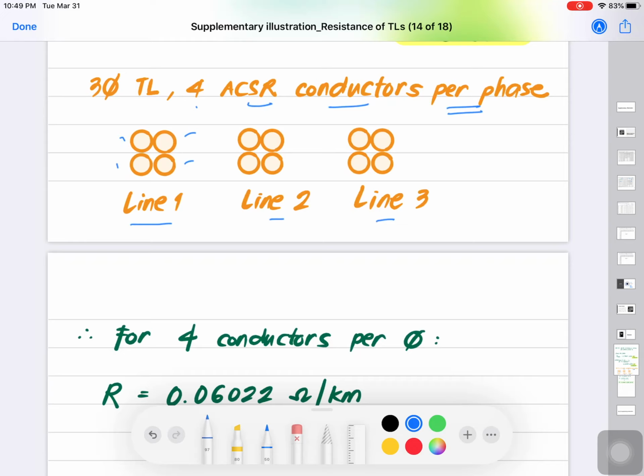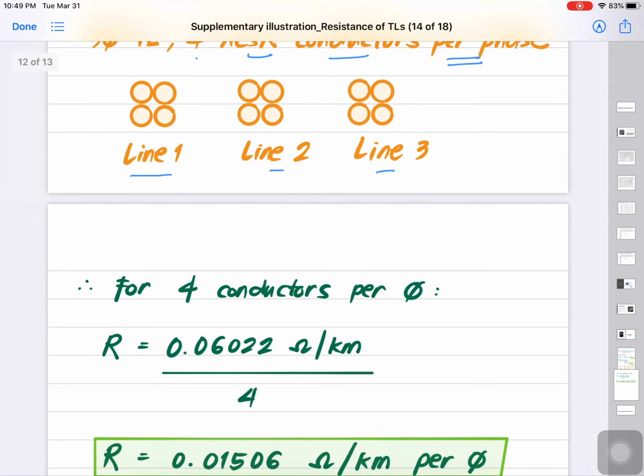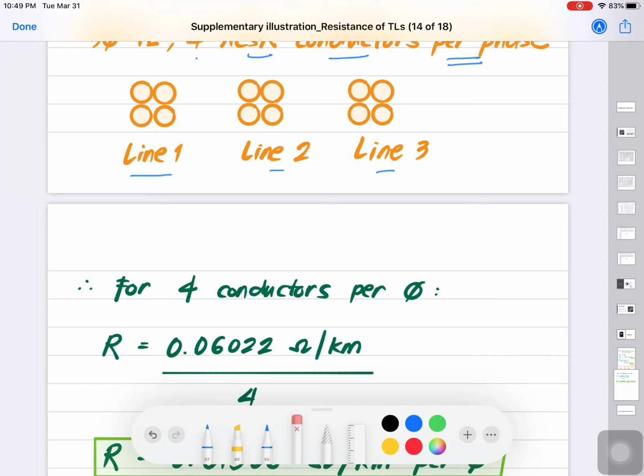Each of these conductors are 3 kilometers. So, per unit length yung analysis natin. So, meaning, the resistance that we're looking for here is the per unit length.